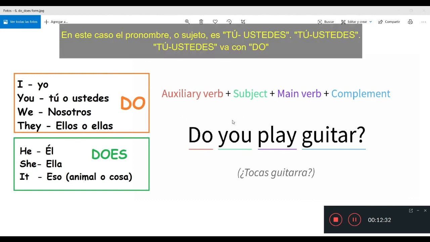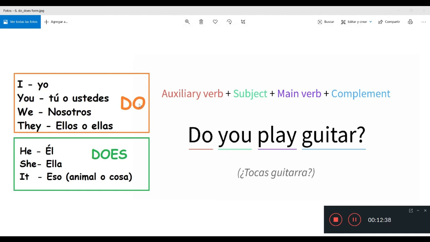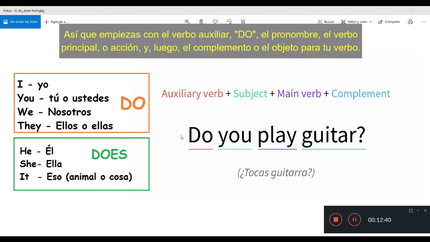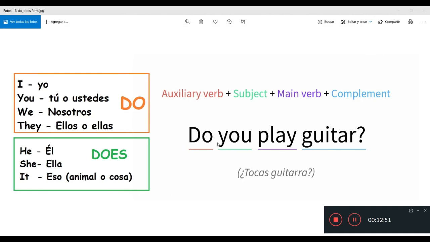In this case, you have the subject, which is the pronoun you. You goes with do, so you start with the auxiliary verb do, the pronoun, the main verb or action, and then the complement or the object for your verb. Do you play guitar? ¿Tocas la guitarra?